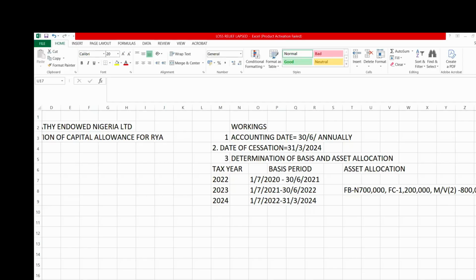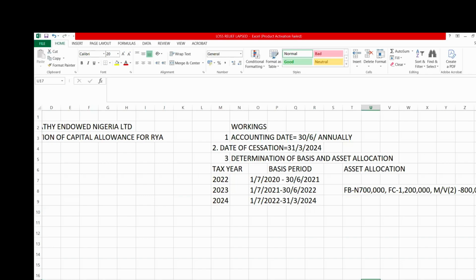So will be available for what? For capital allowance claim. So all these assets will be available for what? For capital allowance claim.